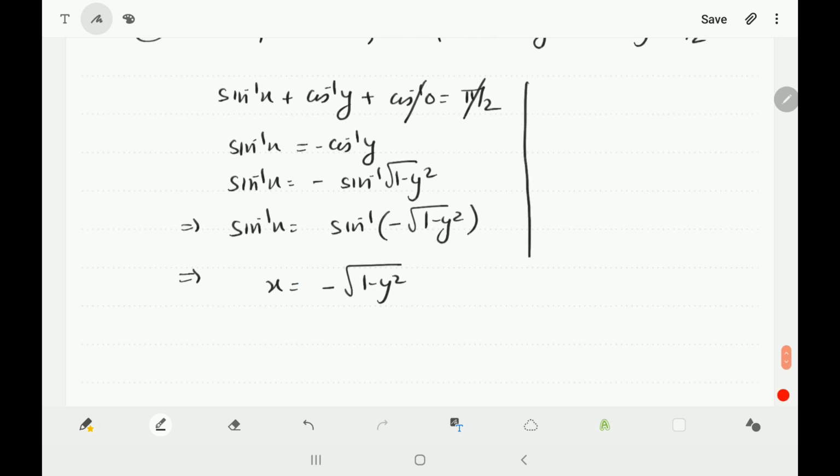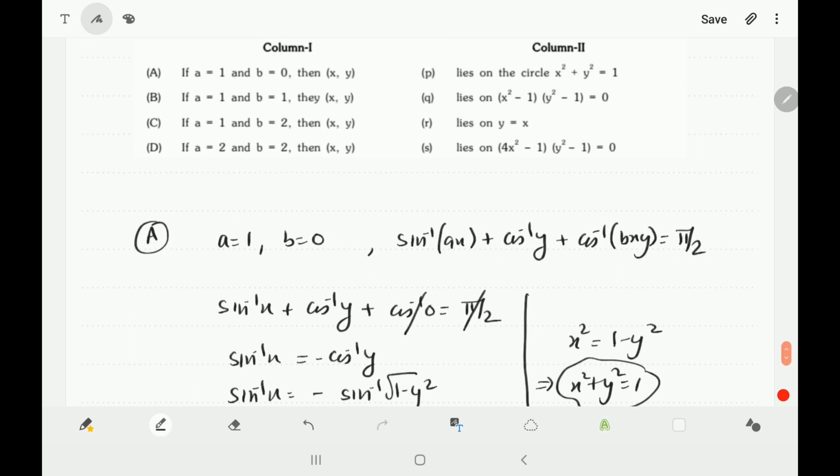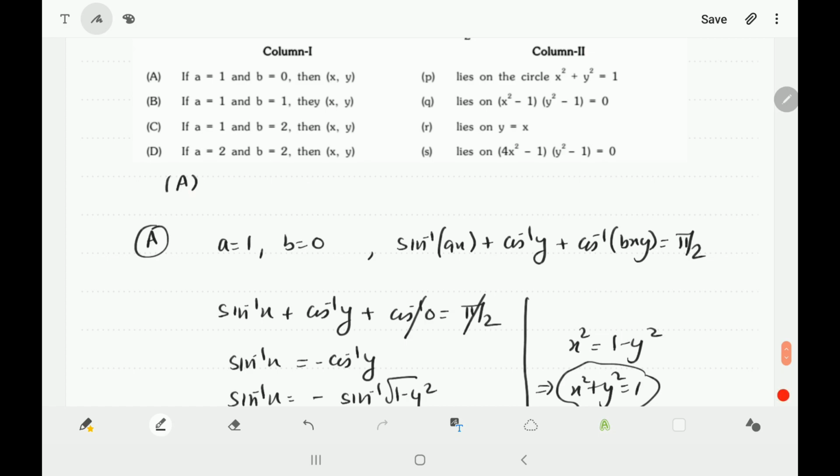Now this is actually a semicircle. If you square both sides, you are left with x square is equal to 1 minus y square, so x square plus y square is equal to 1 is the curve of which this is a part. So A will be attached with P, which is the circle x square plus y square is equal to 1.